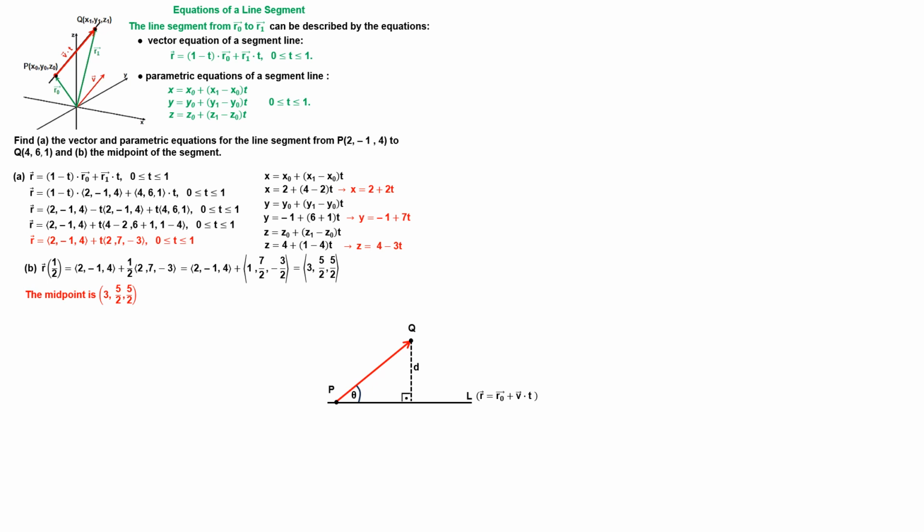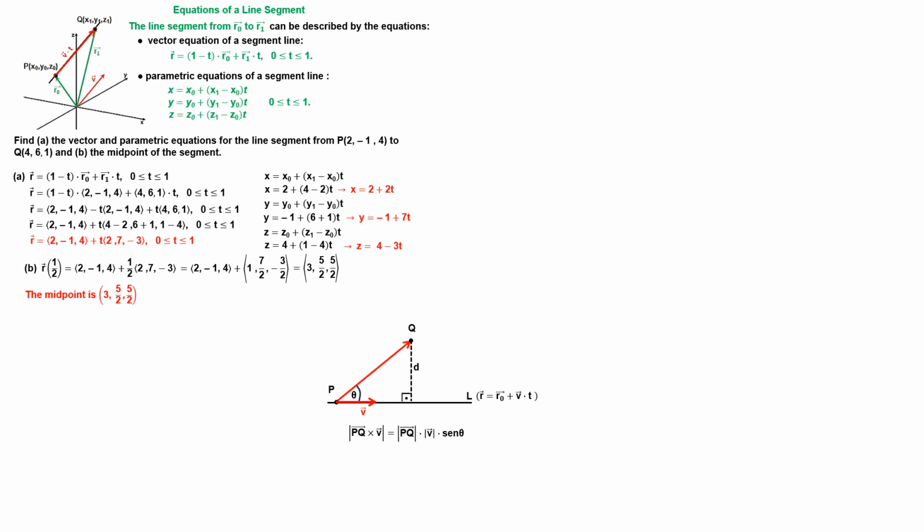Let the vector v be the direction vector of the line. We use the cross product between vectors v and PQ. The length of the cross product between the vector v and PQ equals the length of vector v times the length of vector PQ times the sine of the angle theta.